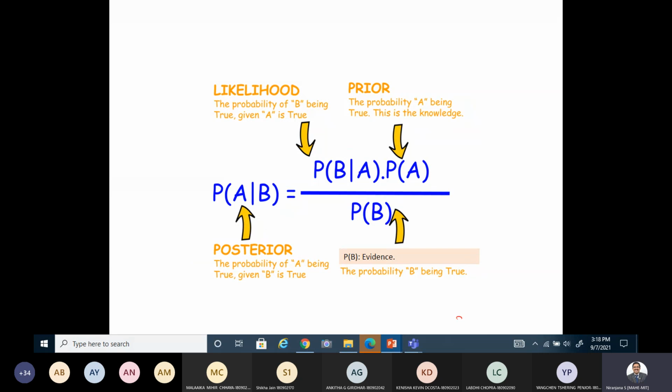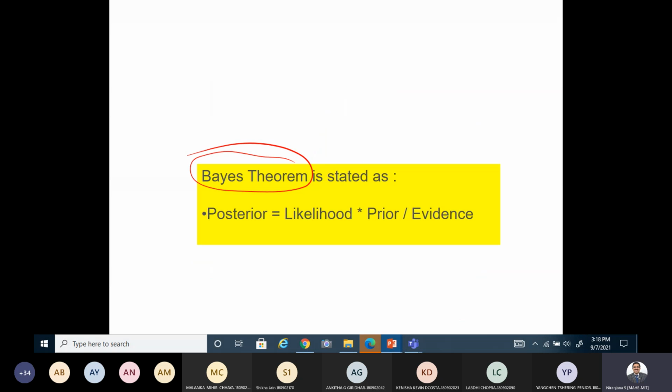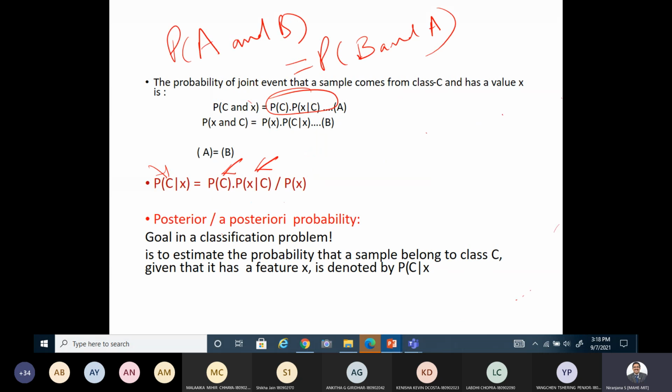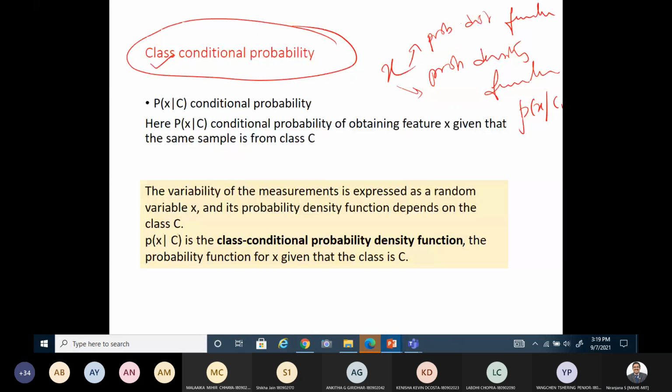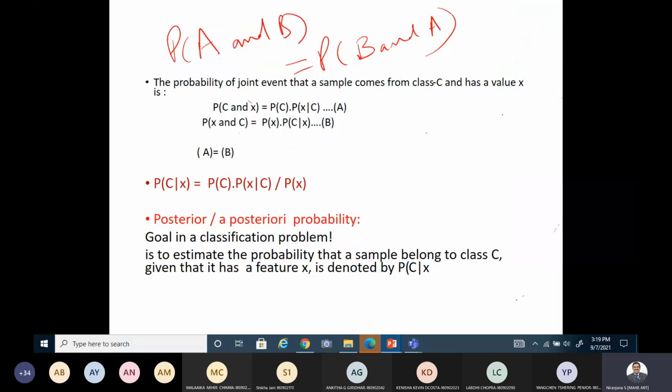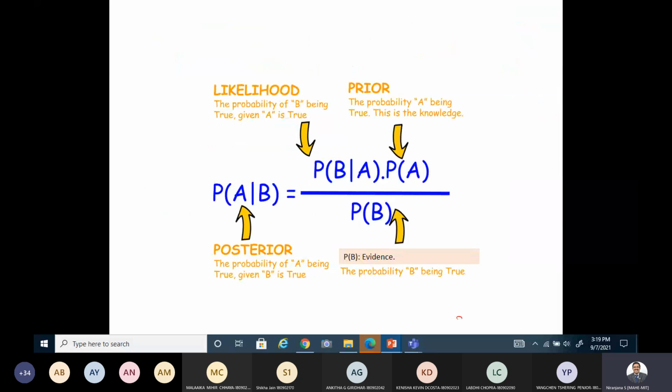But when you see A and B, you may not be able to define it clearly. When you take the class and X, you are able to see the meaning of that feature or variable with respect to the class. If you generally see A and B variables, it is very difficult to tell why this is the posterior or why this is the likelihood, right?